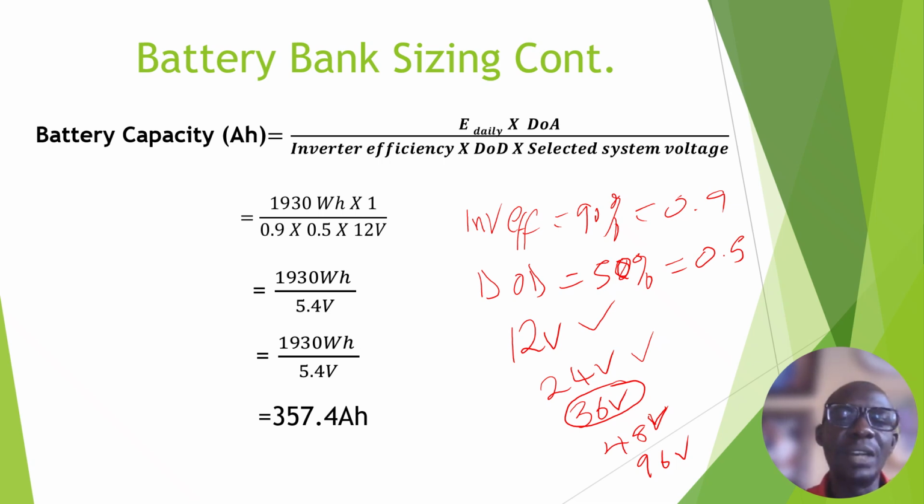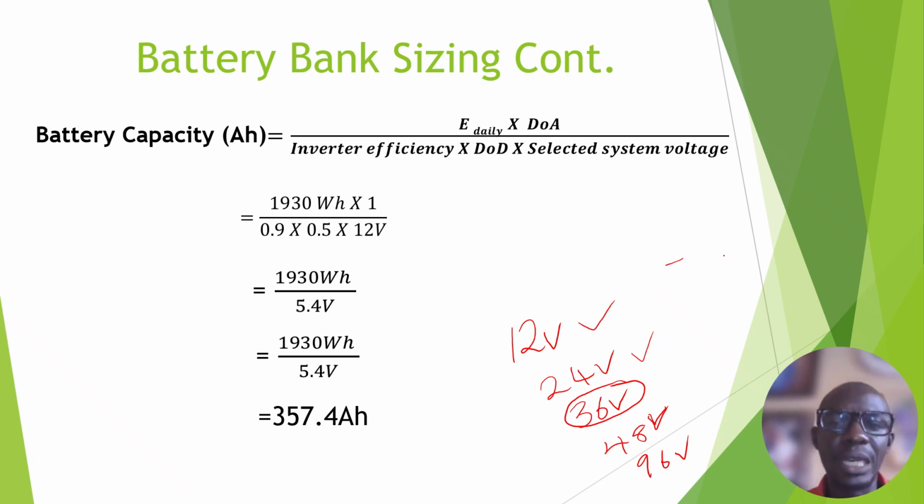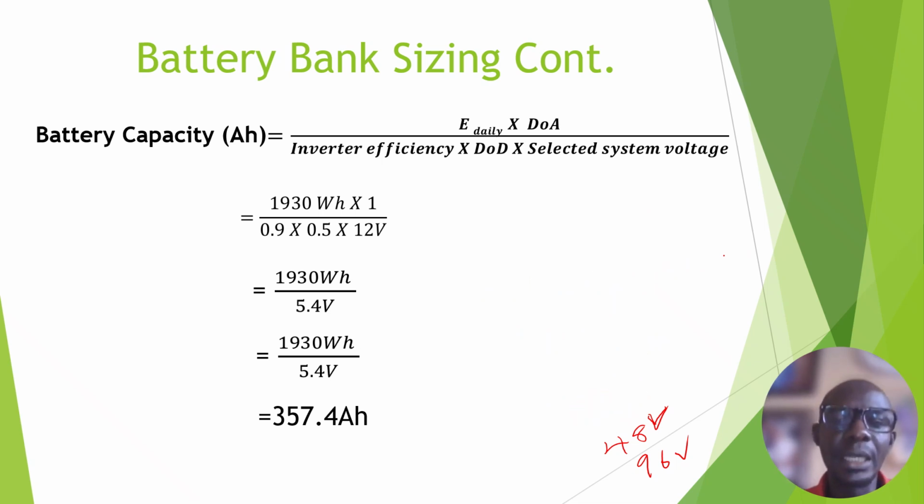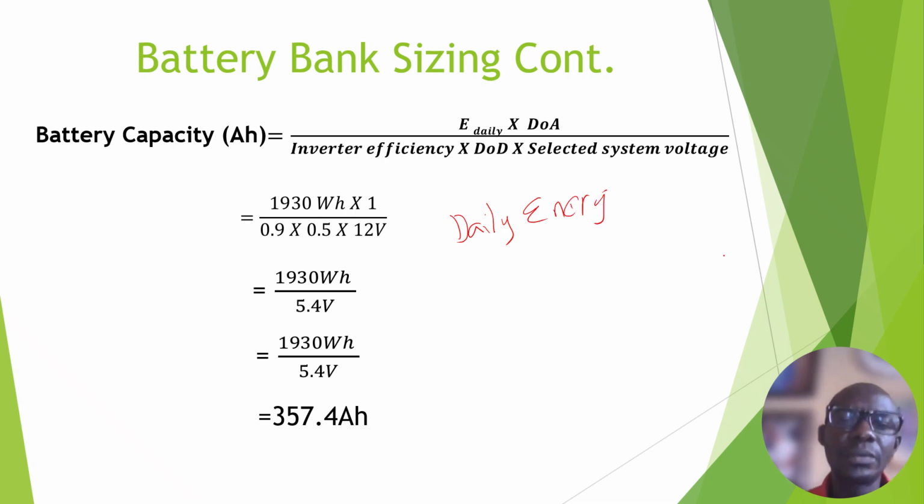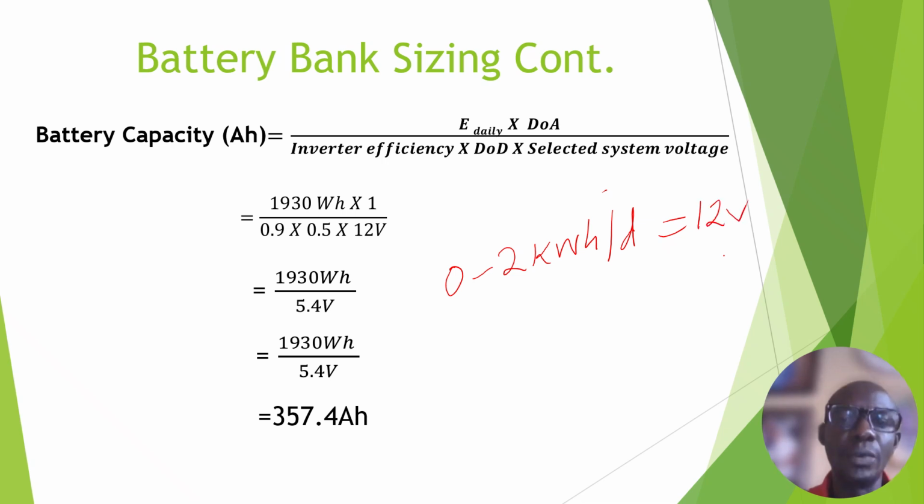Then how do I select my voltage? How do I know that I'm using 12 volts and not 24 or 36 or 48? There's this table we use. If your total daily energy demand falls between 0 to 2 kilowatt hour per day, you can use 12 volts.